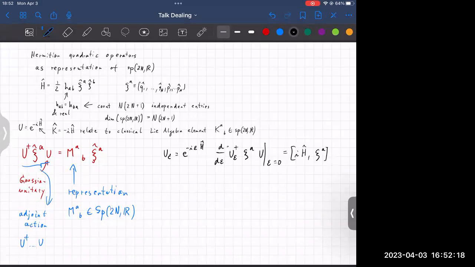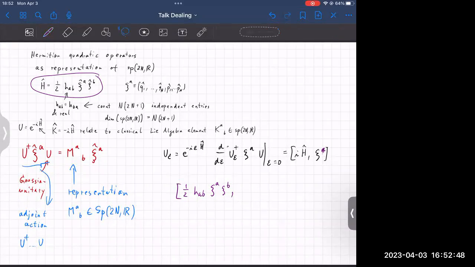So let's plug this expression in here. We have the commutator of 1/2 H_AB psi A psi B. Well, now that I already used A and B, we should call this psi C. Let's move that further away, this is not part of the equation, of course.